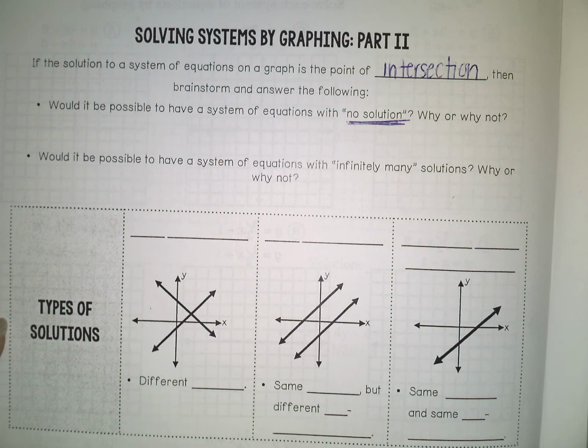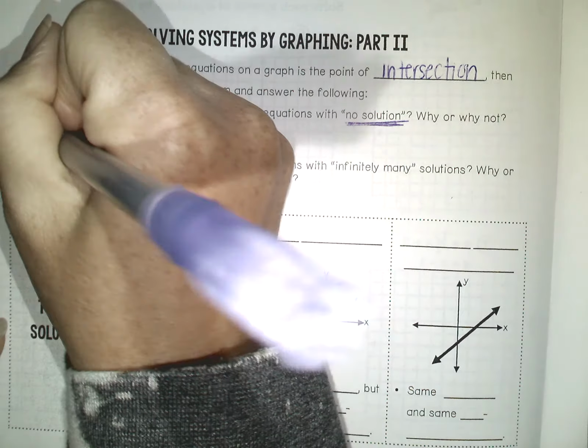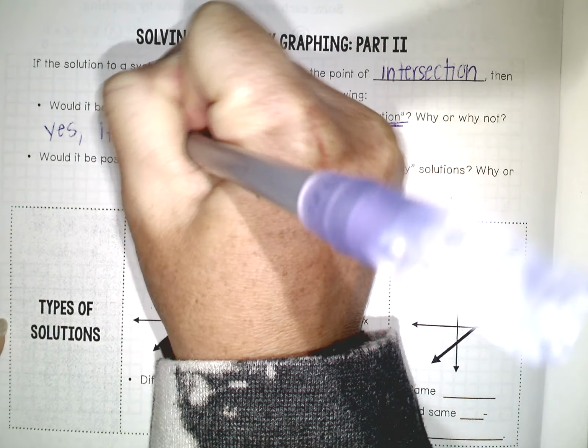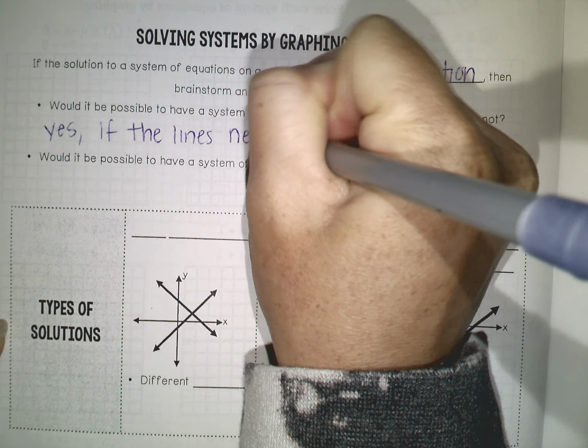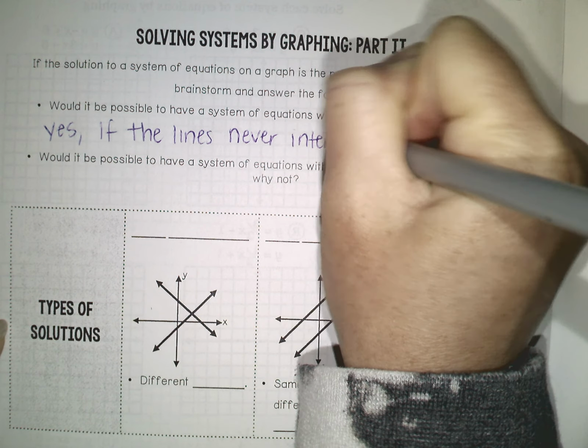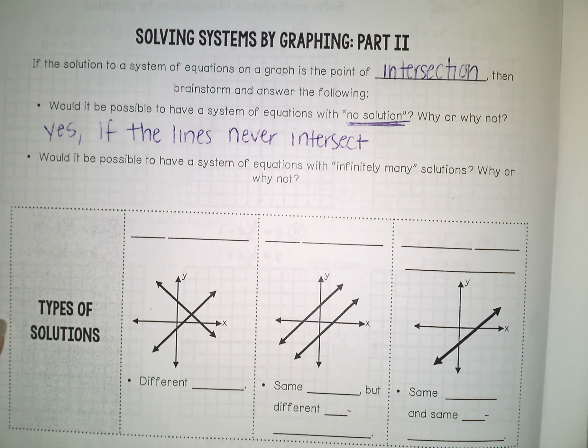Yes, it would be possible if the lines never intersect. So that would be parallel lines, okay?